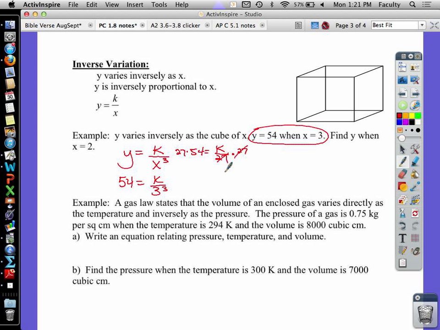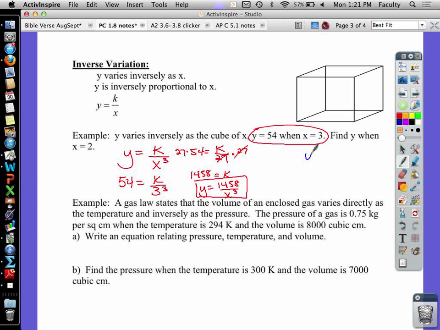So you're going to need your calculators. And let's do 27 times 54. So I'm getting k is 1,458. So my equation is y equals 1,458 divided by x cubed.